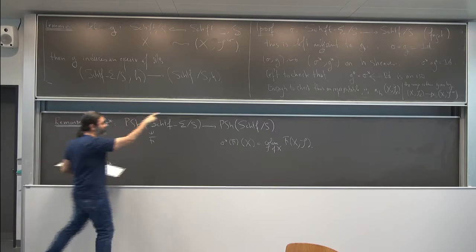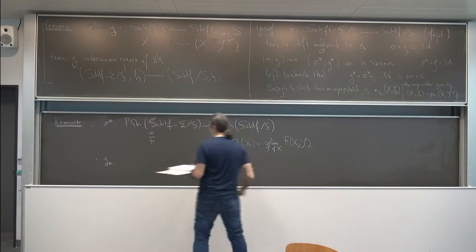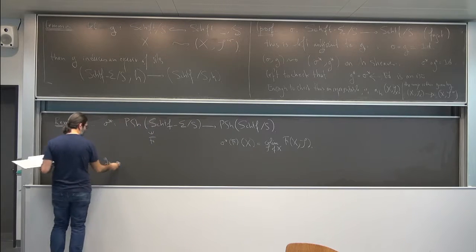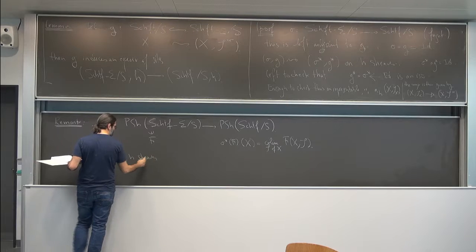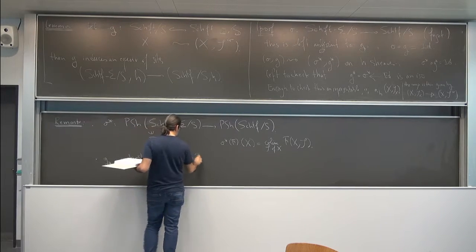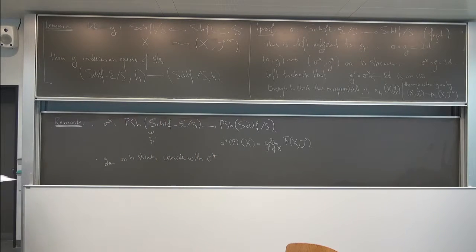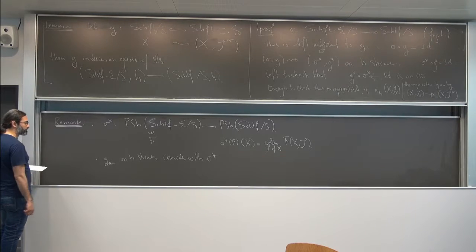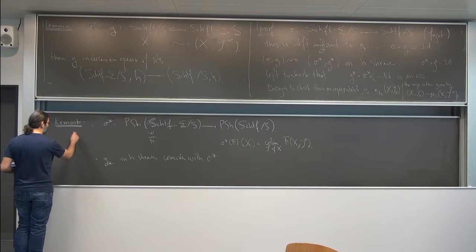Since we know that these are equivalences, inverse one of the other, then in fact G lower star, but only on H sheaves, coincides with O star. That's all.